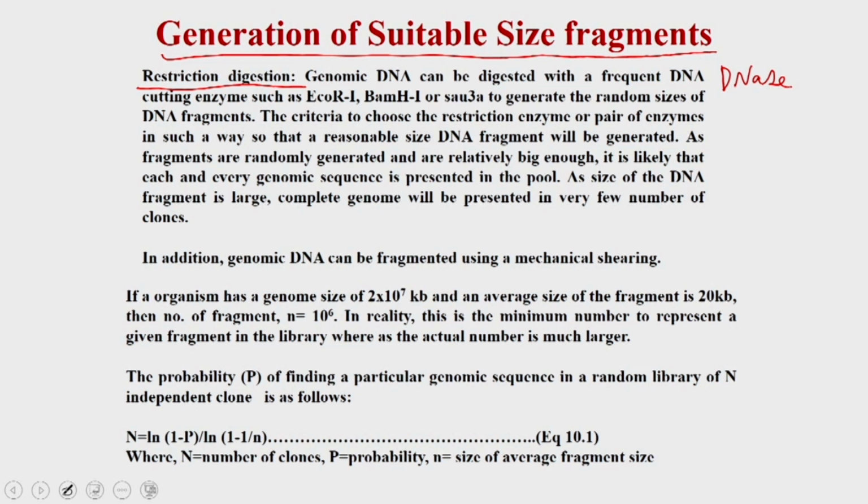For this purpose, you take an enzyme which cuts the genomic DNA very frequently. Although we do not know the genomic sequence of that particular organism, as an experience it is found that if you use EcoR1, BamH1 or Sau3A, the cutting sites of these enzymes are very frequent, and very dominant or abundant in the genome of any organism.